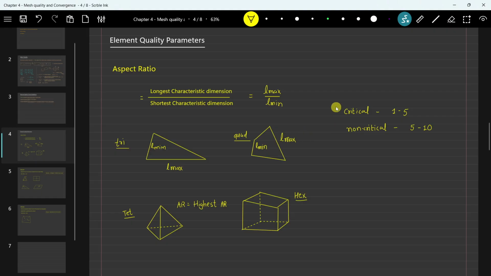Again, these are industry standards. Each industry has different meshing guidelines or standard values based on their previous years of experience working on different projects. So there are no strict guidelines that we need to follow, but if you want to start, this could be a recommended range.